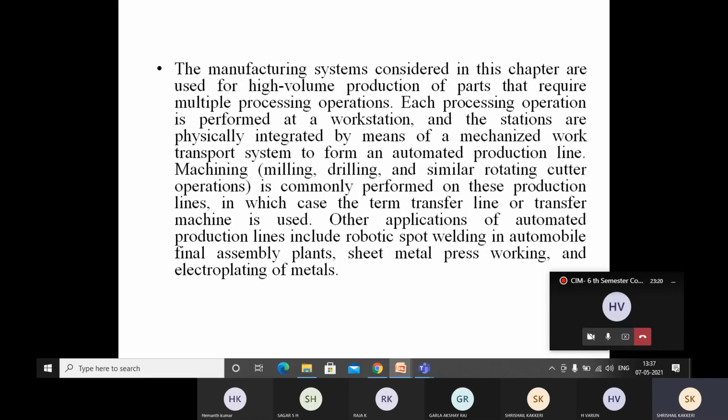And if there are 3 or 4 machines integrated together, the meaning of integration is very simple. I am going to provide a conveyor in between them, and somewhere if it is required, manually the part will be transferred. That will be called partial automation.